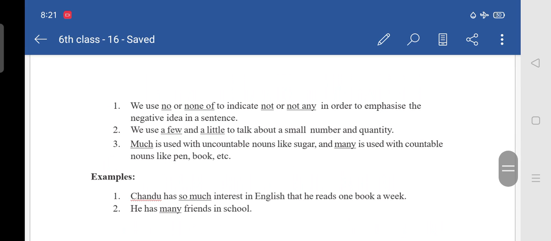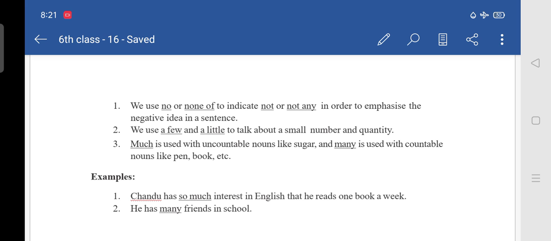See here, we use no or none of to indicate not or not any in order to emphasize the negative idea in a sentence.